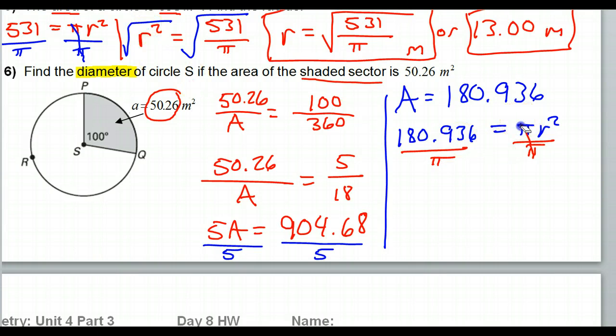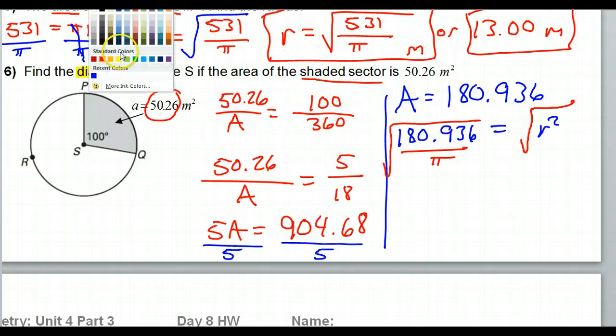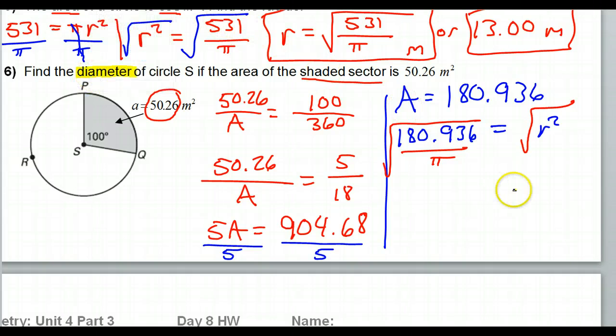To save space, I'm just going to show that these canceled out. So now I've got this. Now I need to take the square root of both sides to get r by itself. So that's going to look like this. Alright, take the square root of both sides. So that's going to give me the radius. Okay, so let's do that.